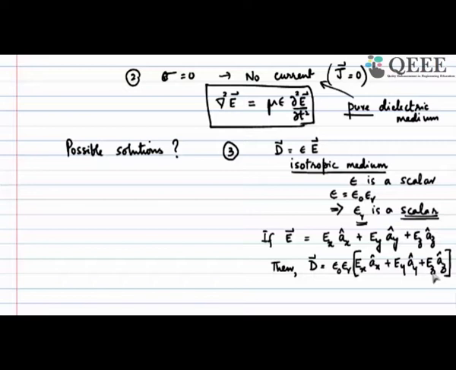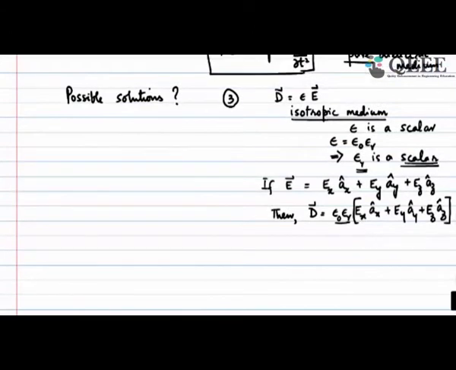For example, in the problem we considered yesterday, we considered water. Water had a refractive index of 1.5, so epsilon r was 1.5 square. So this is a constant number. D is directly proportional to E. In other words, if E is along this direction, D is going to be a vector in the same direction. That is what it means in an isotropic medium.